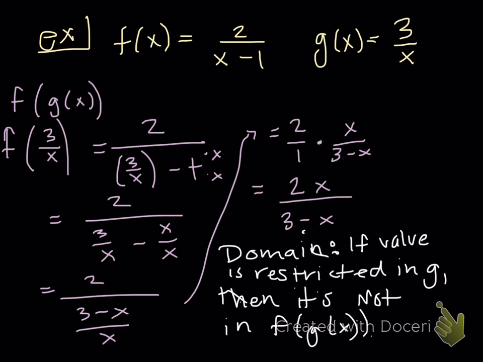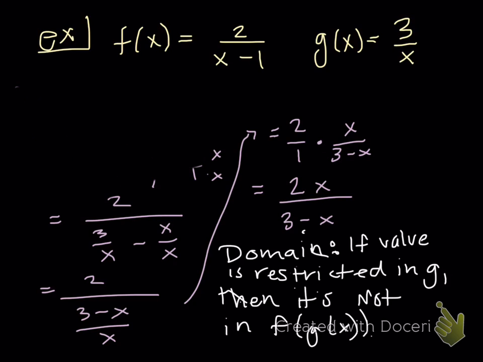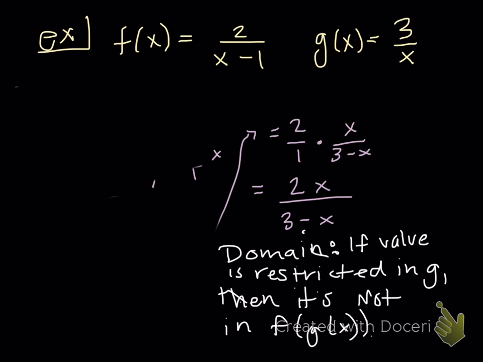So I'm actually going to erase all this work off to the side so I have more room on this slide to do our domain. So again, you can always rewind the video if you didn't get a chance to copy down the process there. So I'm looking at my g function, and in my g function I have 3 over x, so this is an issue. So from this I'll say x cannot equal 0.